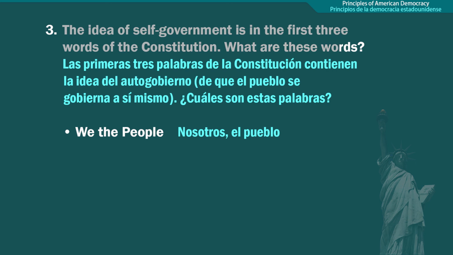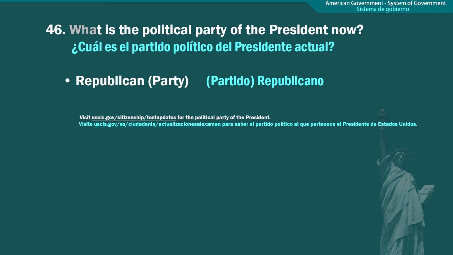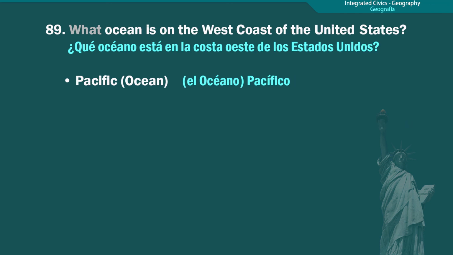What are these words? We the people. What is the political party of the president now? Republican Party. What ocean is on the west coast of the United States? Pacific Ocean.